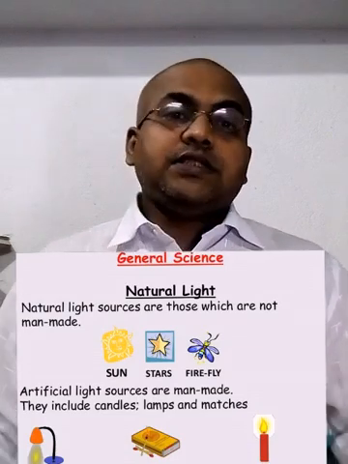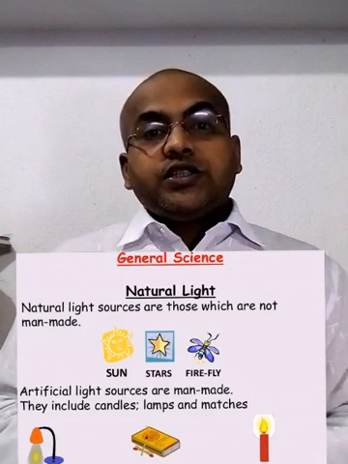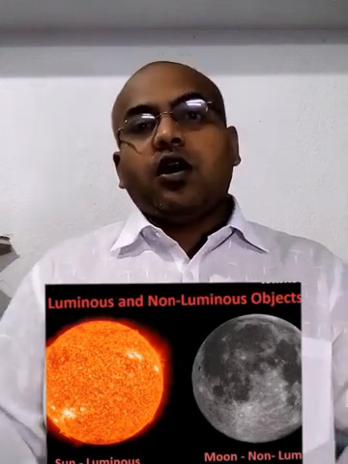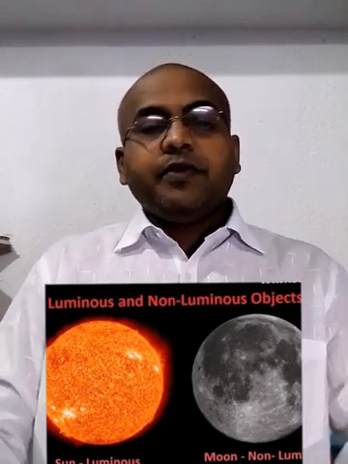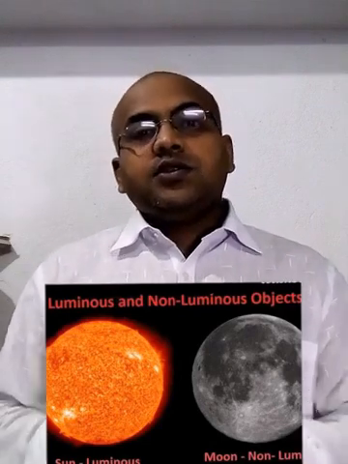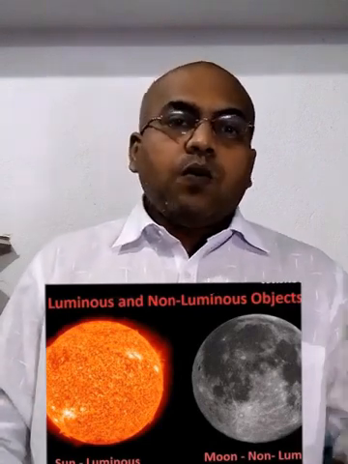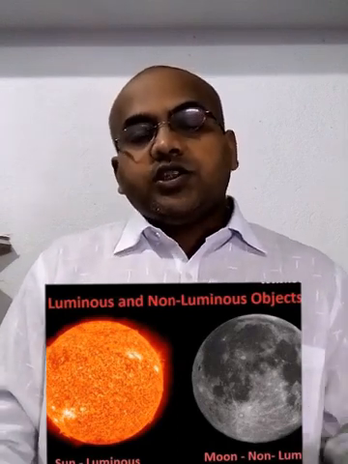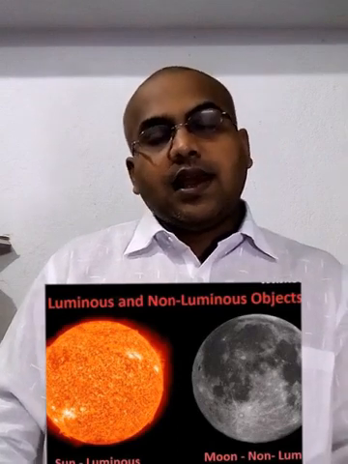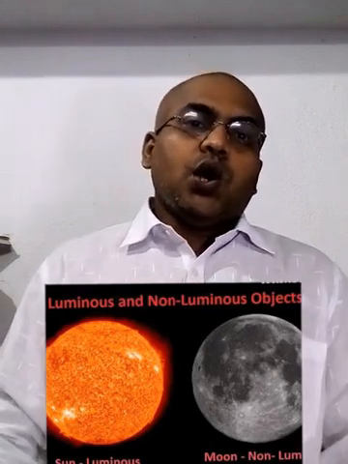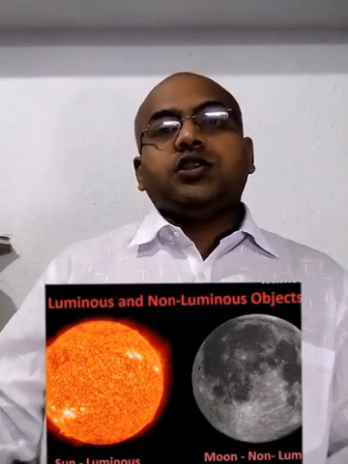Now in this lecture we try to classify objects on the basis of emission of light. That means we are making two categories: one category of those objects which emit light, and the other category of those objects which do not emit light.